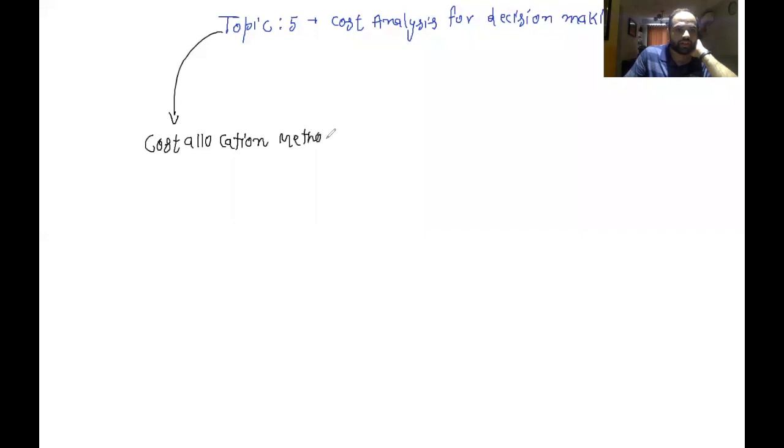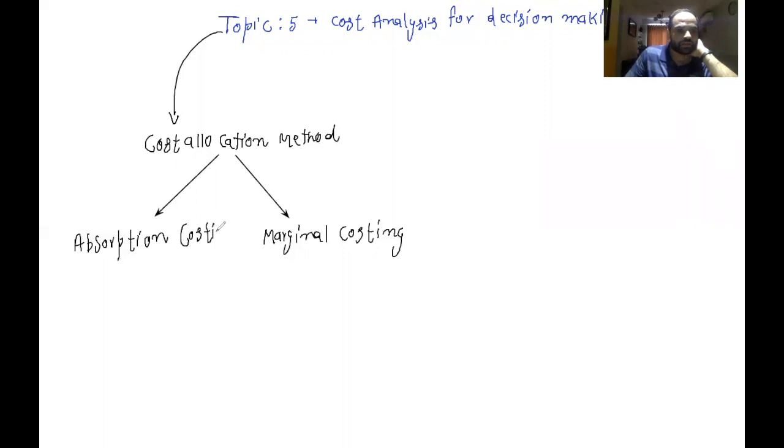We have two types of methods related to cost allocation, right? These two methods are marginal costing and absorption costing.